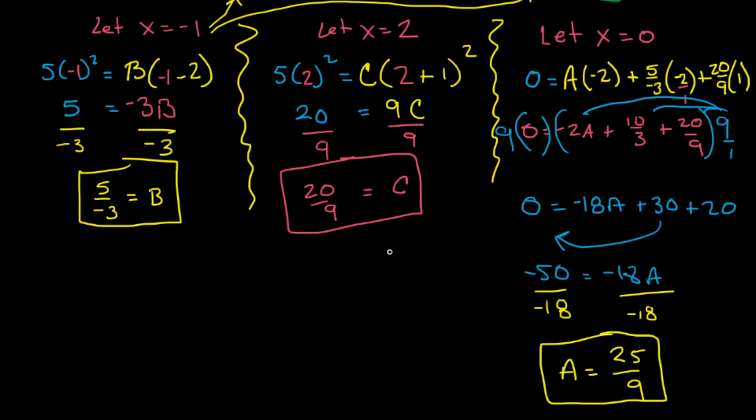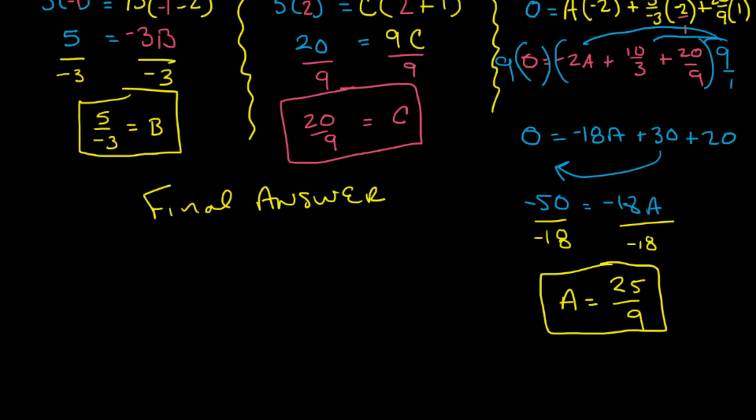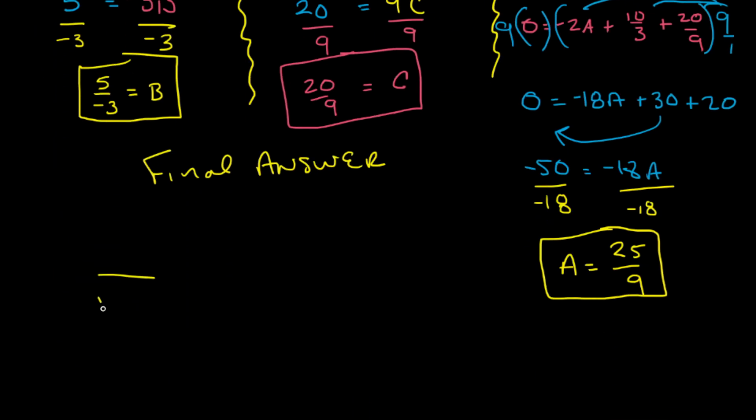All right, now we are ready for our final answer. We need to recognize that the form of the final answer is going to be this yellow stuff right here. So we have x plus 1 squared, and x minus 2. So we have something over x plus 1, something over x plus 1 squared, and something else over x minus 2.